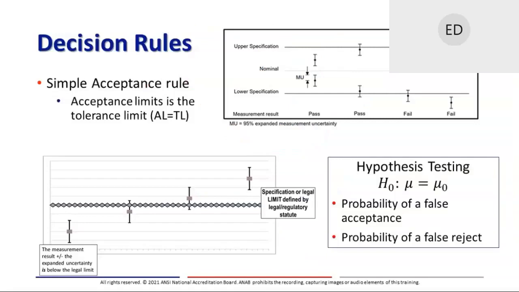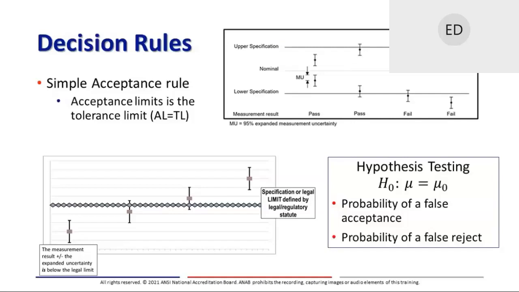For me in forensics, an example of a statement of conformity would be letting our customer know whether or not a weapon or a gun is legal or not legal. There are legal specifications for the length of a barrel, at 16 inches. 16 inches and below, it's illegal for certain types of rifles. So they would ask us, is this weapon legal or not legal, based on the legal specification in the statute.